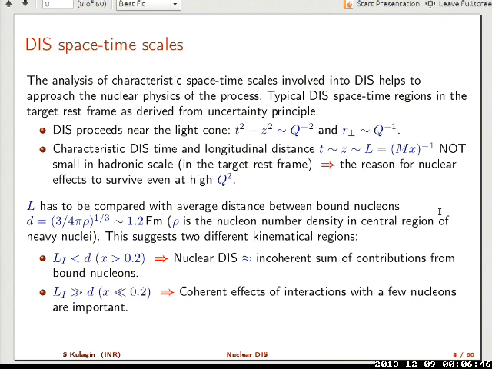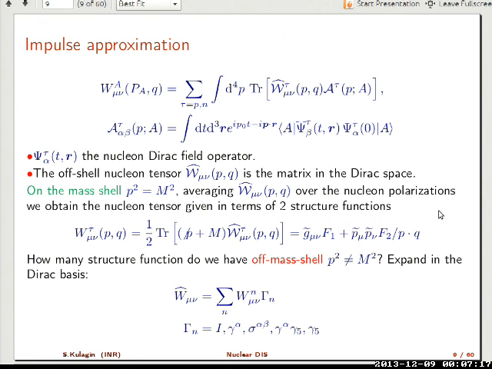But if X is small, the characteristic time is large, so the process is extended in time, so the intermediate states have enough time to live in the lab frame and develop coherent multiple scattering processes. So here we have to do with coherent effects and calculate them somehow.